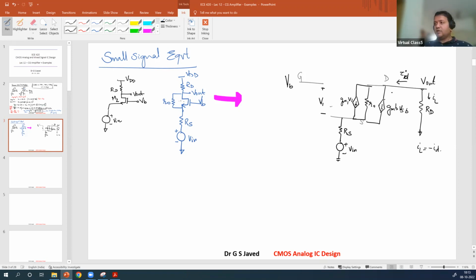Now find out what are all the values. How do you figure out? First thing is find the input voltage, find the loop here. Apply KVL at the input loop. So what do you get here?